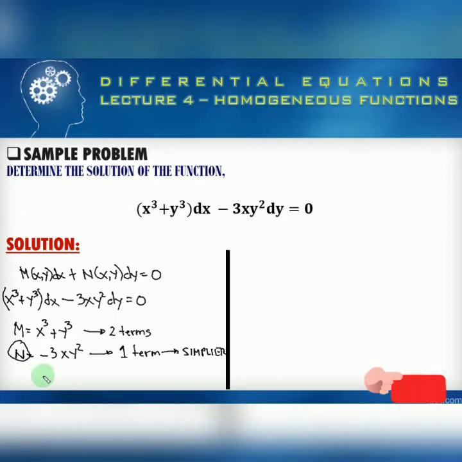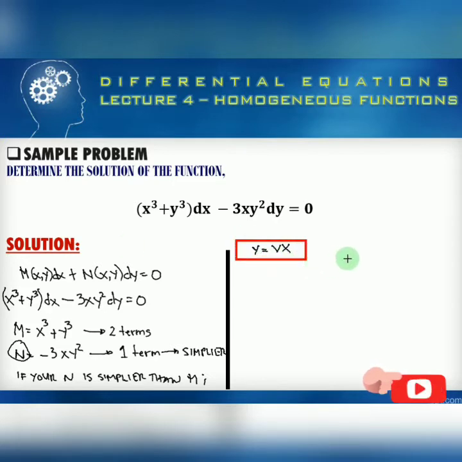According to our solution methods, if your N is simpler than M, we are going to use the substitution method: y is equal to b times x.